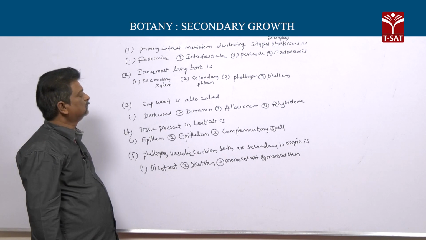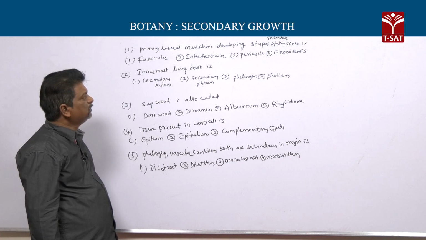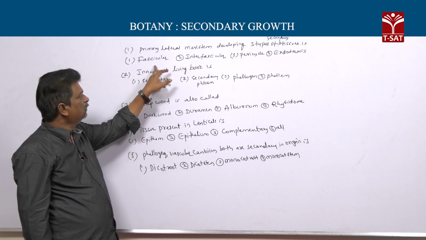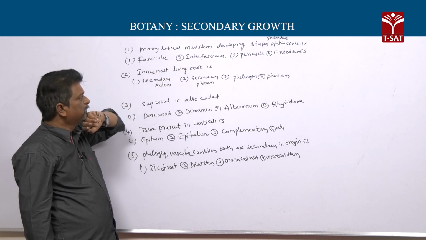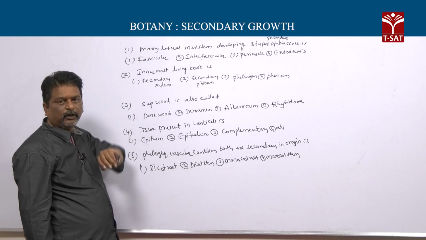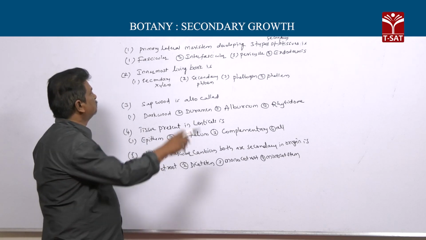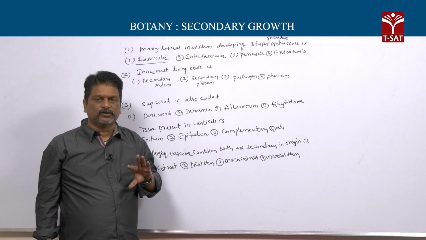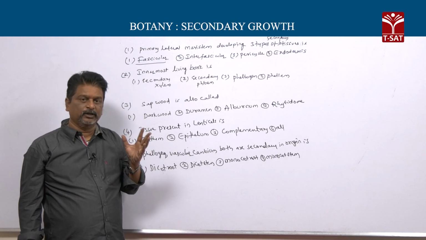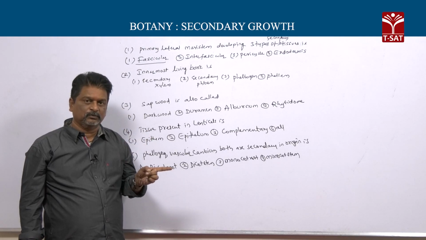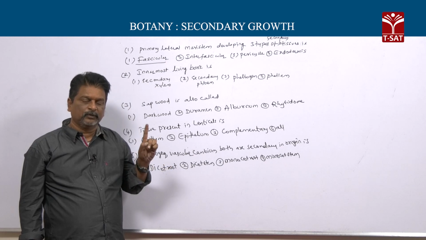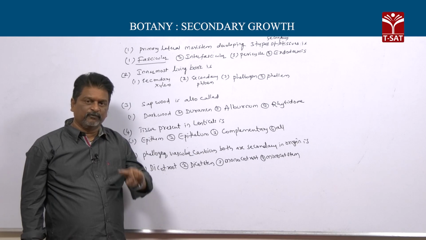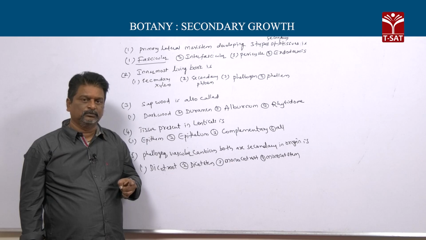Question: Primary lateral meristem developing three types of secondary tissues is: fascicular, interfascicular, pericycle, or endodermis. Answer is fascicular, because fascicular cambium is actually primary lateral meristem. It joins with interfascicular cambium and forms vascular cambium.